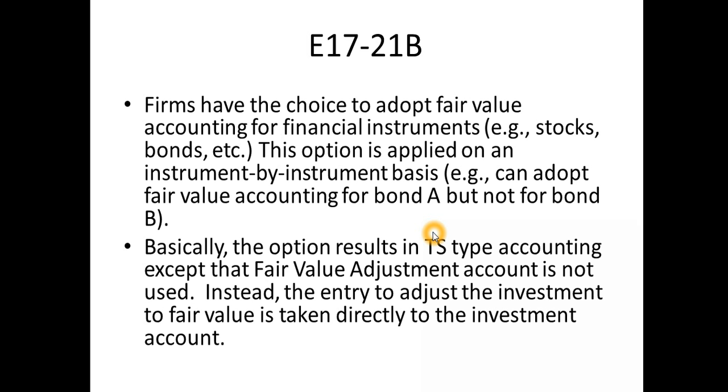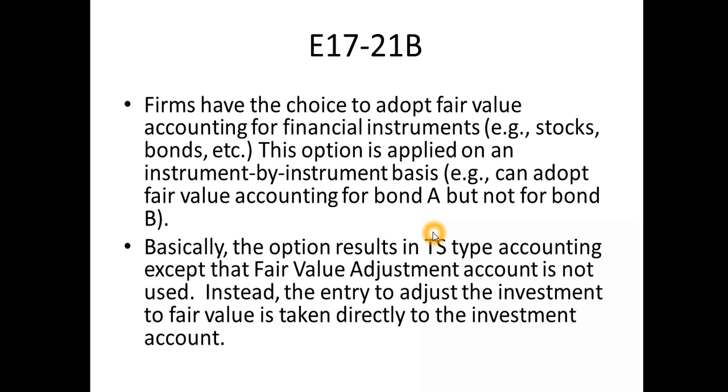What's a financial instrument? A financial instrument includes things that we've been talking about like stocks and bonds, but it includes other types of assets as well as other types of liabilities. For example, a bond payable that the company has, where the company's actually issued bonds to other investors, and they have a liability sitting on the balance sheet.